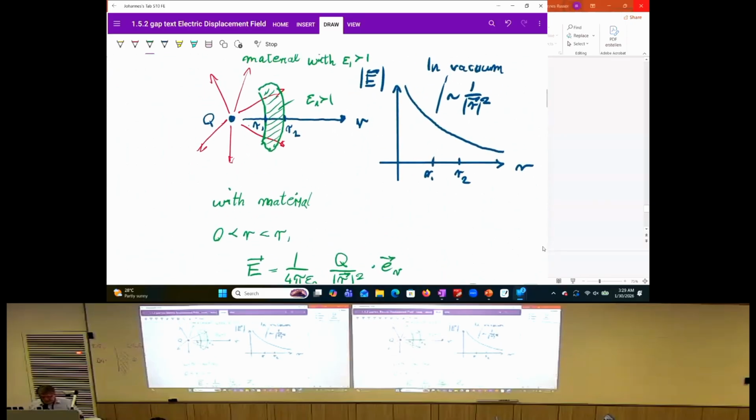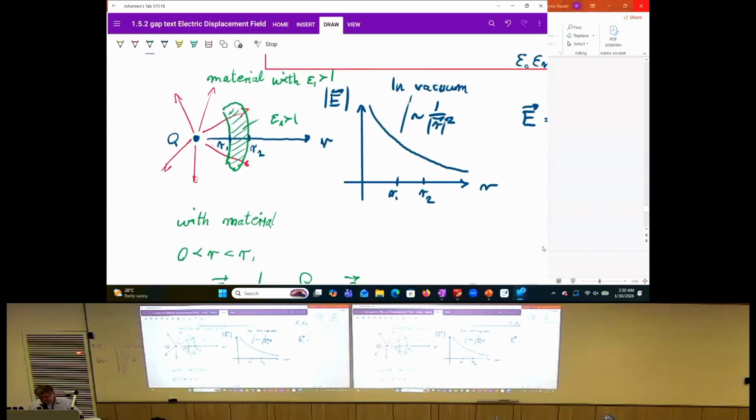This plot was for the electric field in the absence of the material. When the material is present, our field in the range where R is smaller than R1, where we're still in vacuum, remains unaffected. The presence of the slab of material next to us is not affecting the E field.